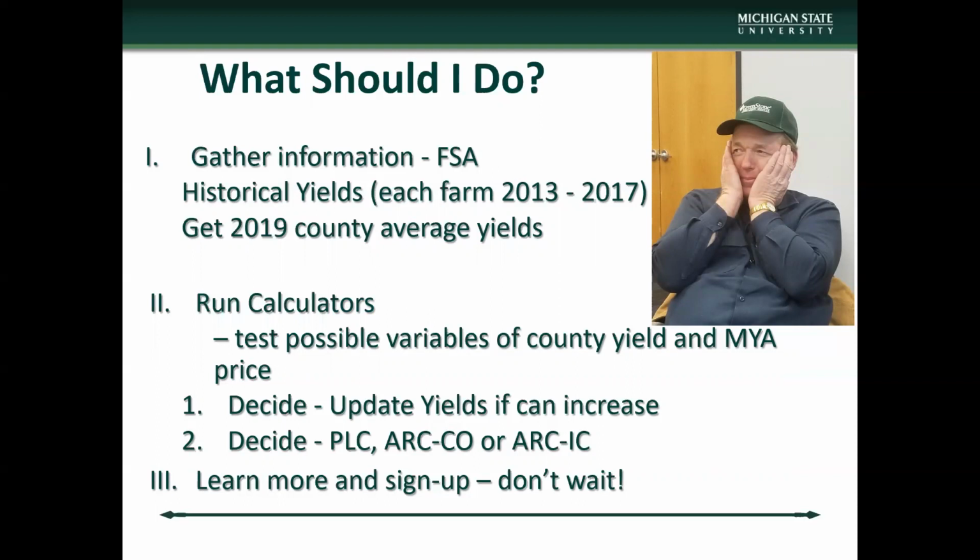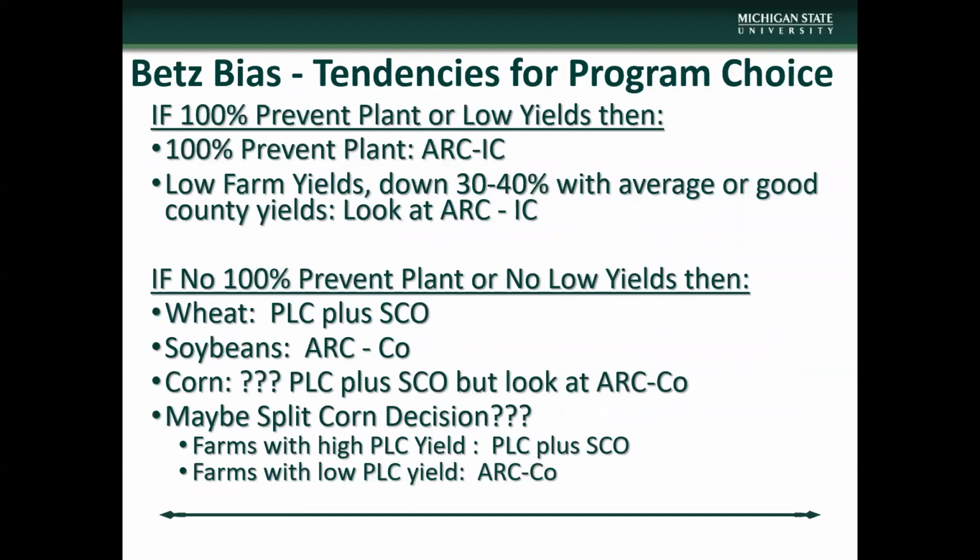After you've got your historical yield data and you have a pretty good idea of what you think the 2019 yields are going to be, you can run that MSU calculator, testing different variations of the county yields and what you think market year average prices are going to be. You can, based on that information, decide which payment program is right for you, the PLC program, ARC County, or ARC IC. I guess the third point here is sign up as fast as you can, because if you don't get signed up by March 15th, you're in trouble.